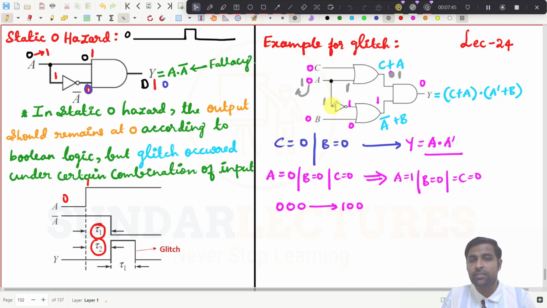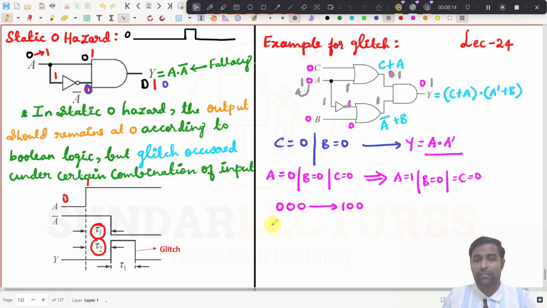Then if this 1 comes here, this has to go 0, but because of this NOT gate, this 1 will not come as 0 here for a propagation delay. For the propagation delay, this output will always be 1. So if this is 1, then the output will be 1. Both inputs are 1, so this output will go to 1.